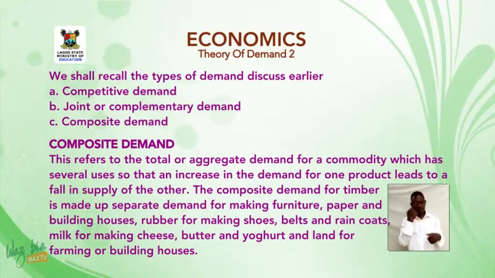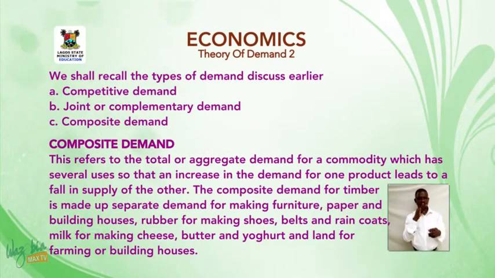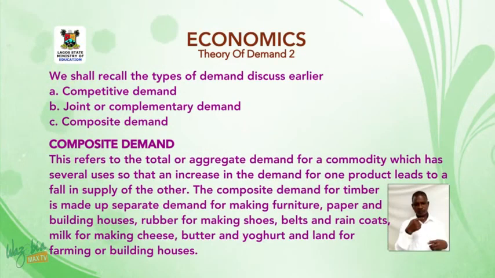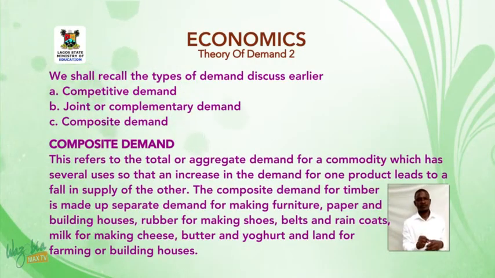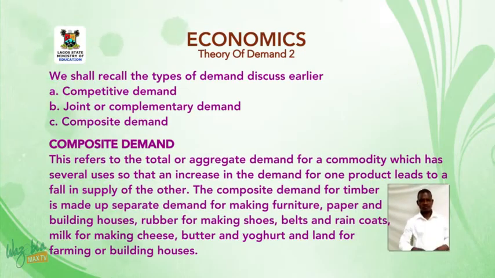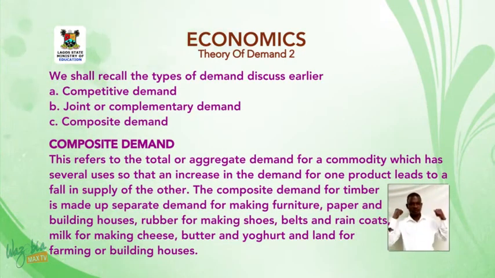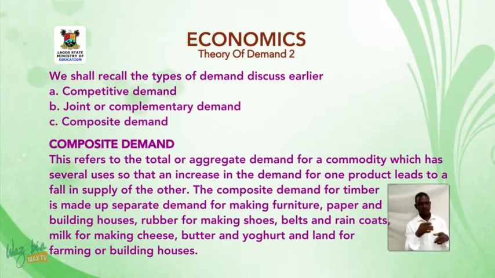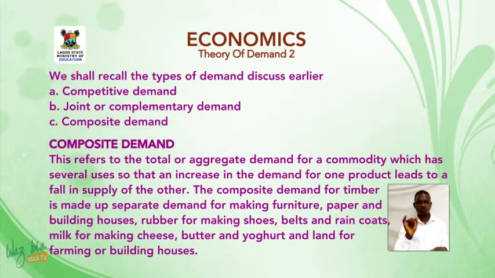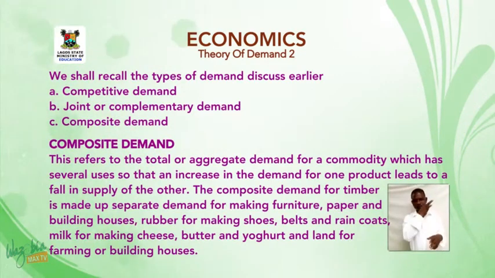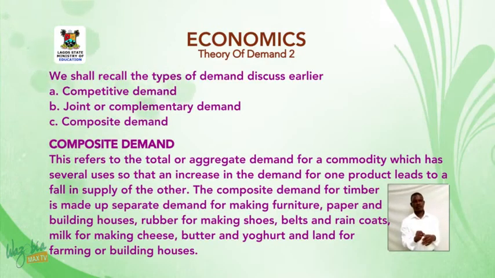The composite demand for timber is made of separate demand for making furniture, paper, and building houses. Rubber for making shoes, belts, and raincoats. Milk for making cheese, butter, and yogurt, and land for farming or building houses.